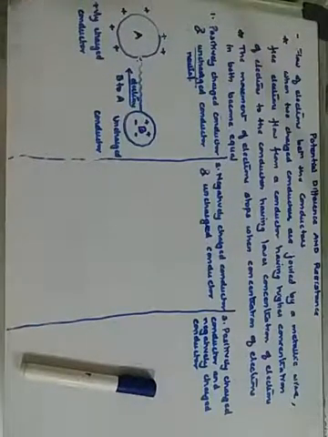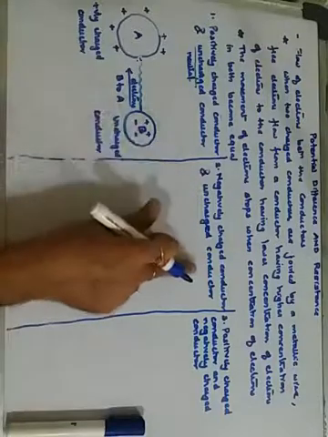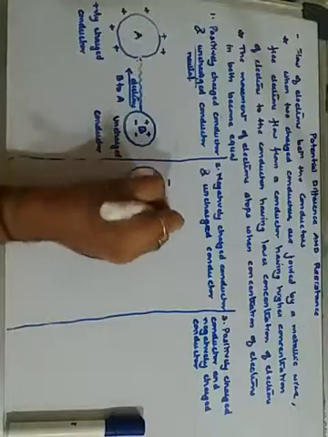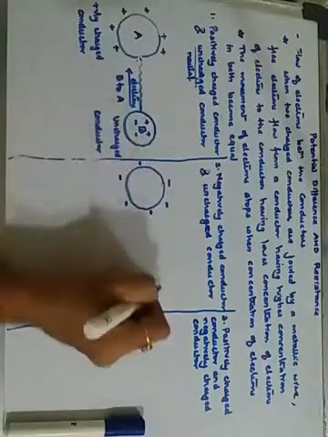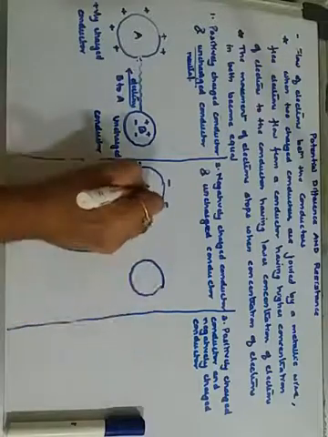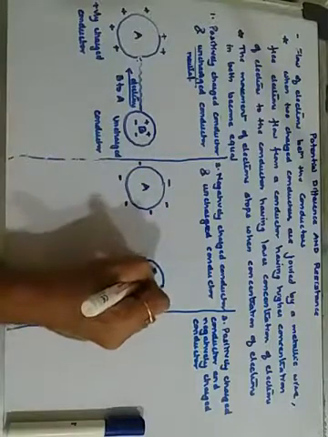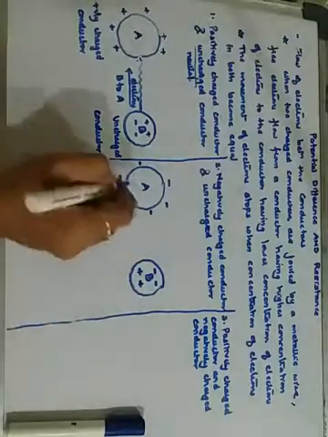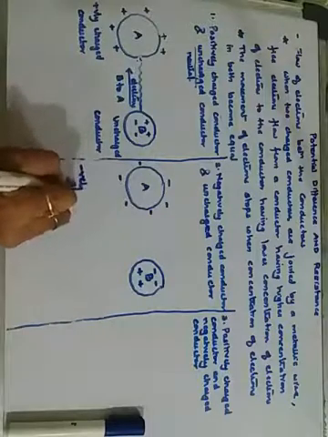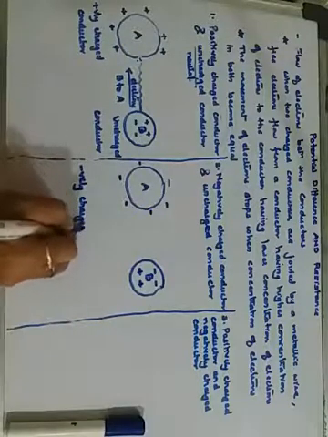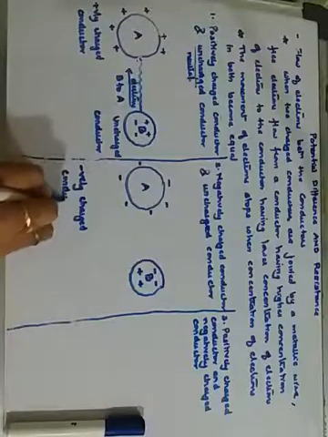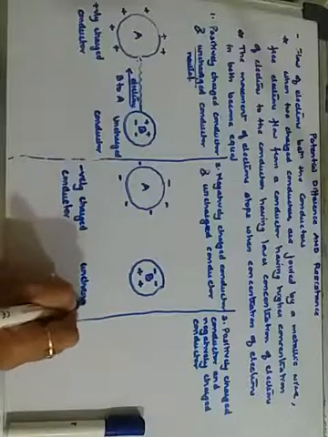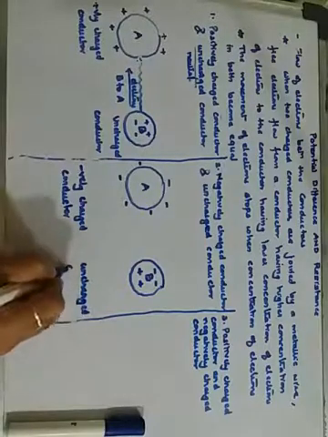Understood? ये एक था. दूसरा है negatively charged conductor and uncharged conductor. So now again I take a negatively charged and an uncharged. Again A and B. But यहाँ पर equal number of positive and equal number of negative आते हैं. So this is purely a negatively charged conductor, and this is purely an uncharged conductor.